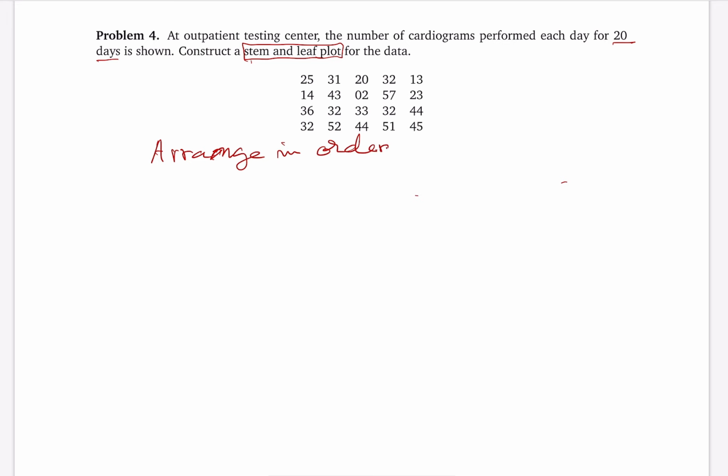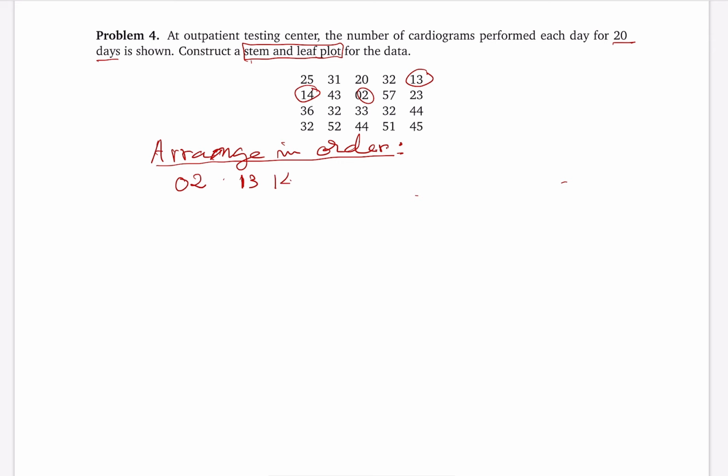And the way you do it, you have to be very careful, check all the numbers and make sure you don't miss anything. The lowest number is 02. Write down 02. The second one is 13. Write down 13. Make sure you leave some space. And the next one is 14.